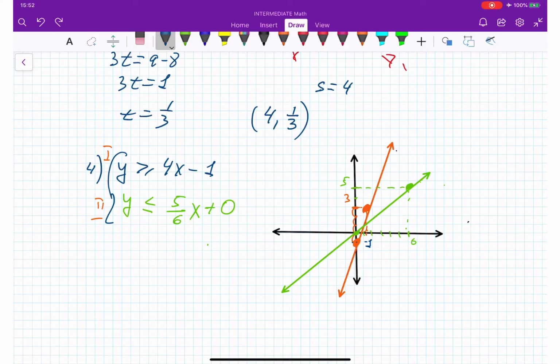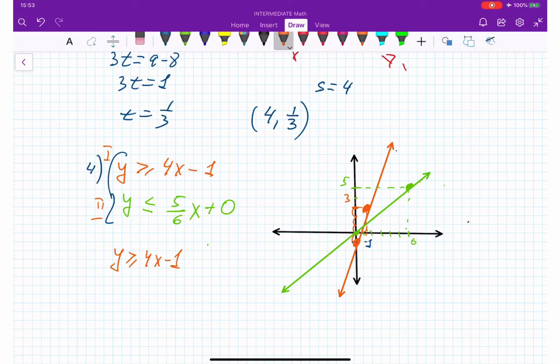Now, let's work with the first one. So, since this one I used this color, let me put this color on it. Okay, so let me work with the first inequality. y is greater or equal 4x minus 1.